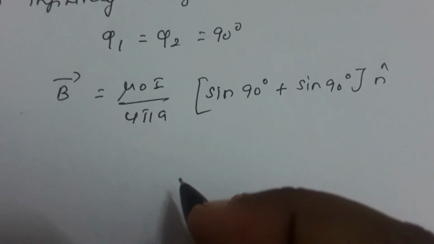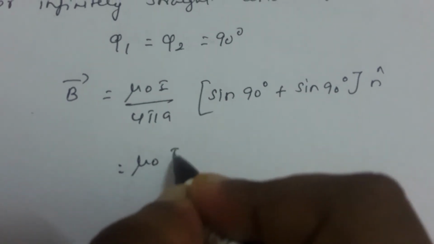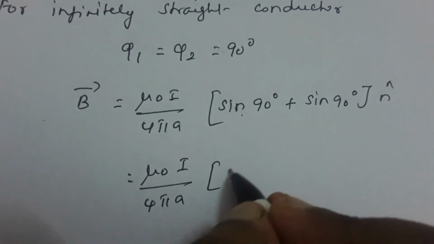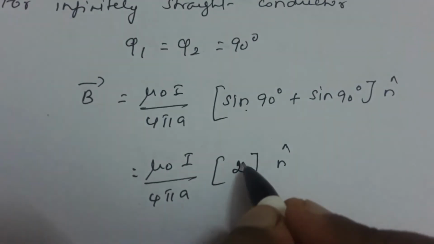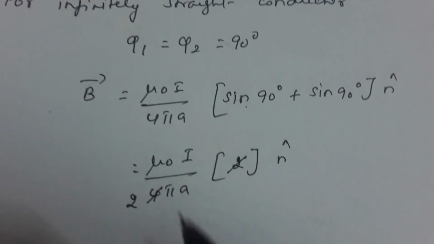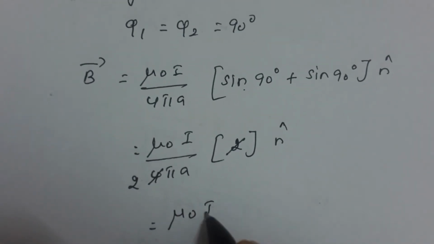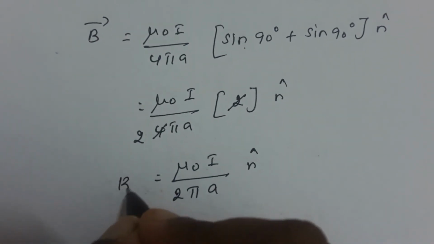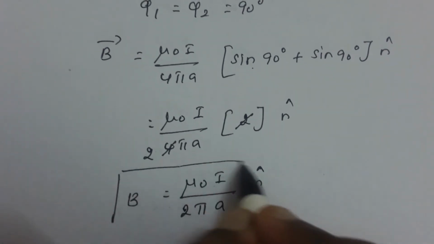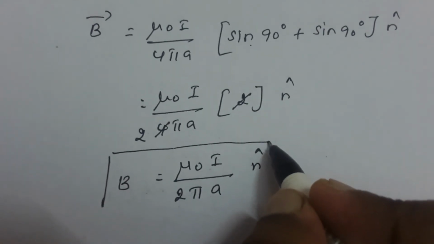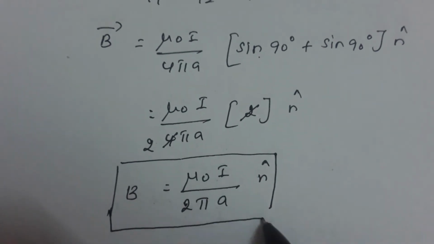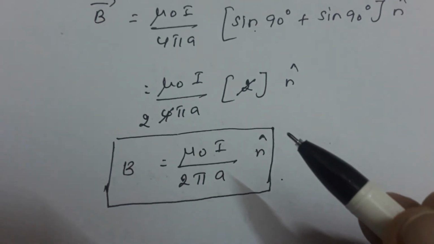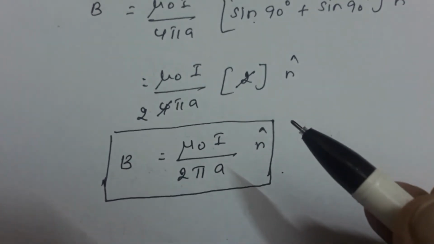What is sine 90? Sine 90 is 1. So mu 0 I by 4 pi A into 1 plus 1, so it is 2, into n unit vector. Cancelling this 2 and this 4, you get 2 in the denominator. So it is mu 0 I by 2 pi A into n unit vector. This is the expression we get for the magnetic field due to a long straight conductor carrying current. So the final expression is mu 0 I by 2 pi A into n unit vector.